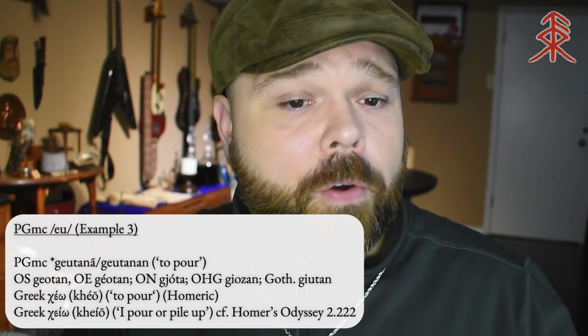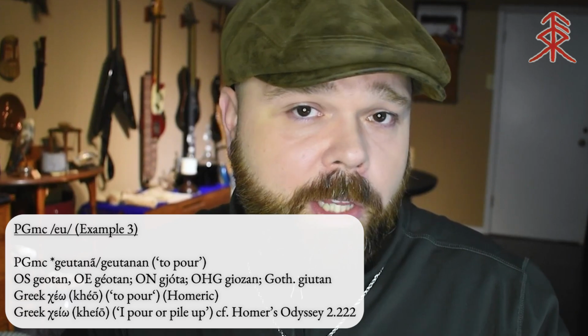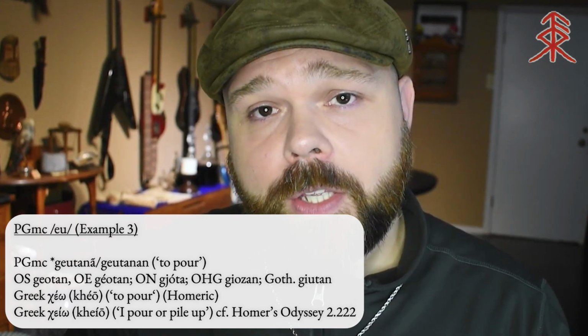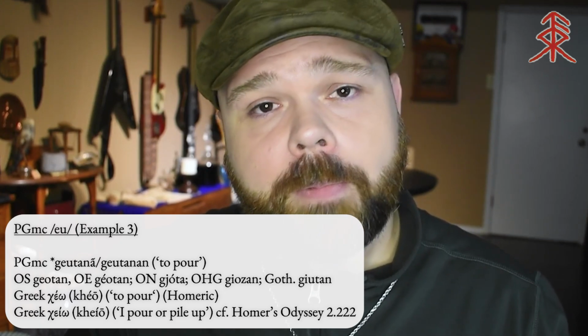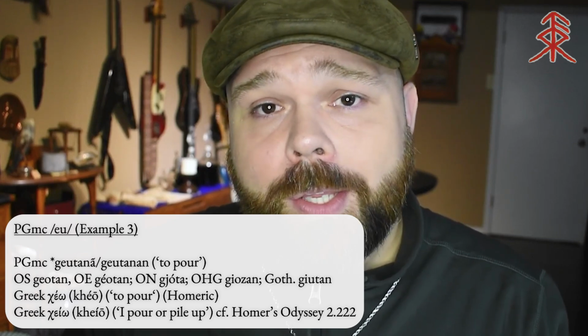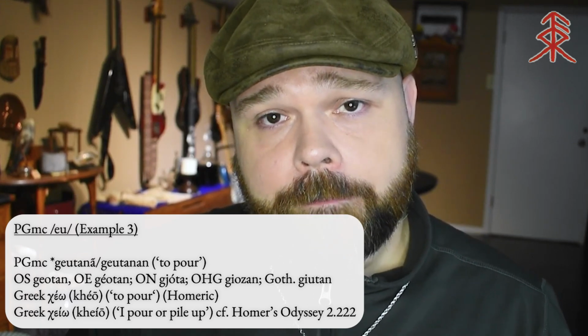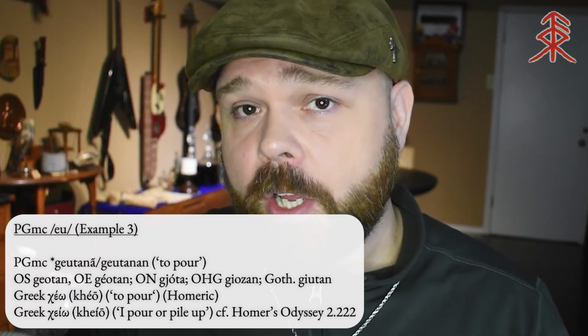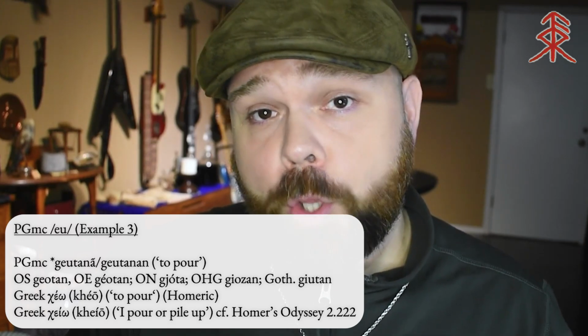Again, sometimes it's IO, but the EO is going to obviously be the older form. So we see Yeltan, not Yeotan. In Old English, we see Yeltan. In Old Norse, we see Gjota, just like we saw Kjosa and Gjodan.